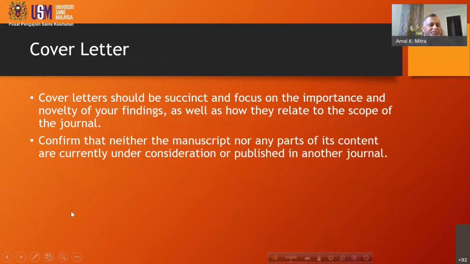The cover letter. Very simple, but important. Cover letters should be succinct and focus on the importance and novelty of your findings, as well as how they relate to the scope of the journal. And the scope of the journal you can find out from the instructions to authors or the main page of the journal.